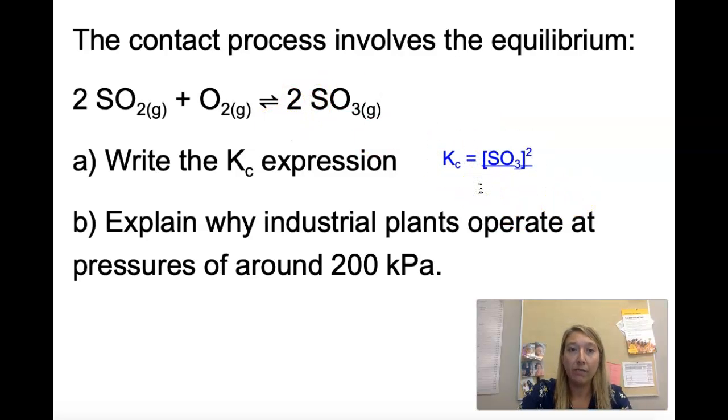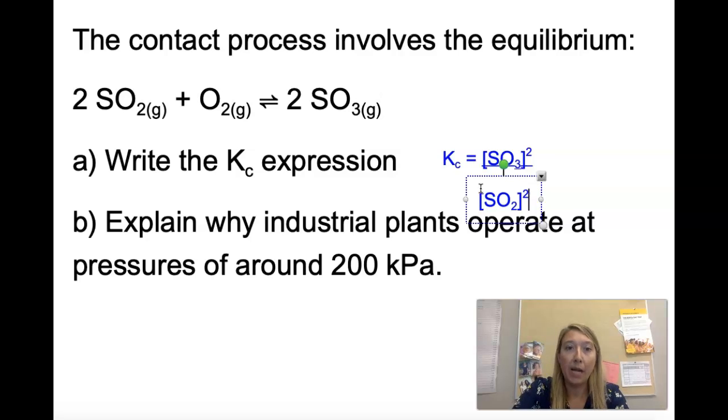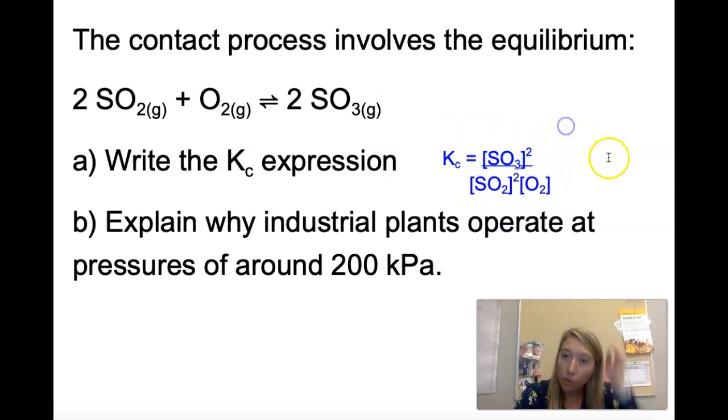That is divided by the concentration of SO2, squared because it was balanced with a 2, times the concentration of oxygen. Okay, so there is our Kc expression.